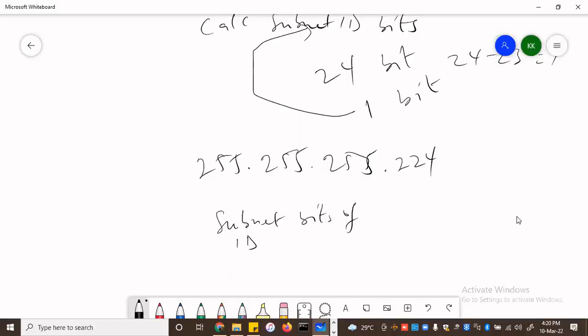Give me a second, guys. Okay, so you have subnet ID bits of 3 bits. Calculate the node ID bits.